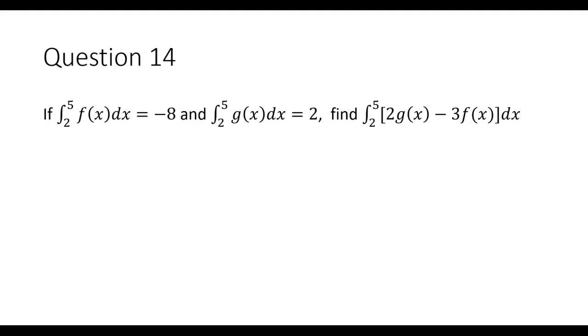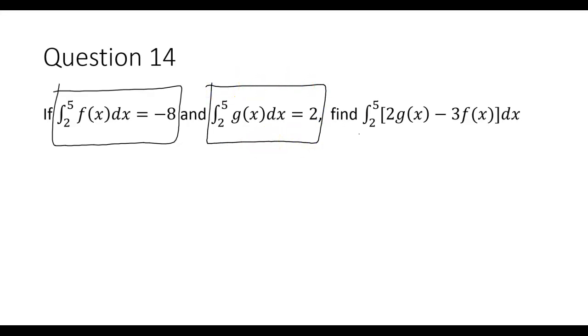So in question 14, they give you the value of two integrals, that one and that one, and then they ask you to find this one. So the trick here is in applying the properties. You could take this integral and apply it to the functions separately. So in other words, you could write it like this.